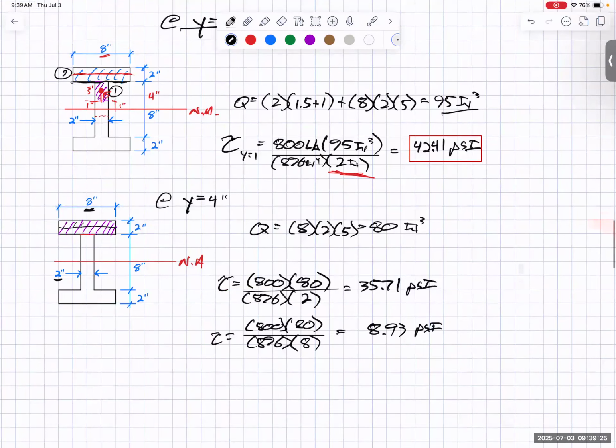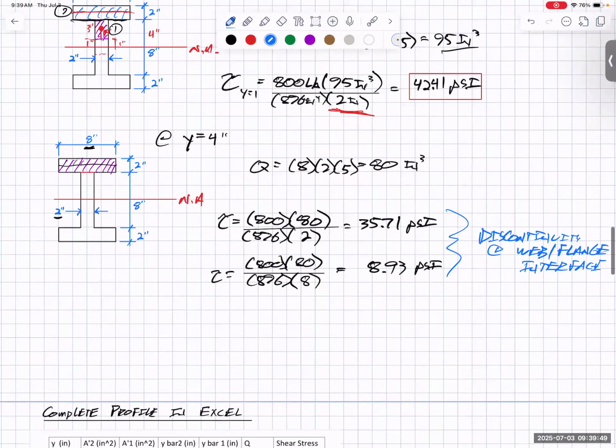What we have, because both exist, is what is called a discontinuity at the web flange, or anytime I'm going to have a change in thickness, I'm going to have this discontinuity interface.